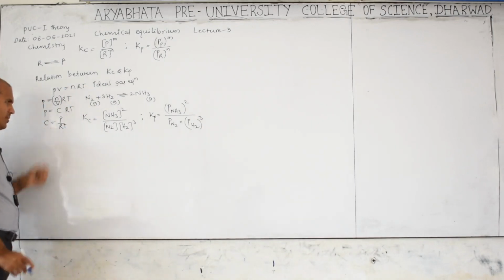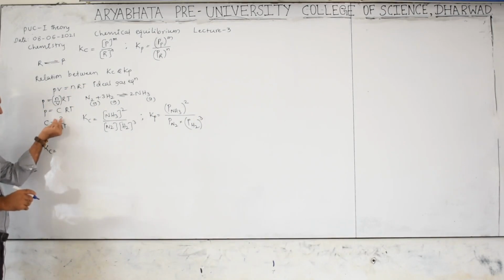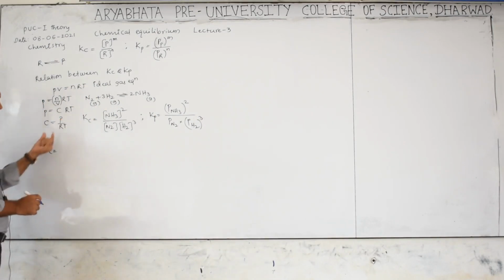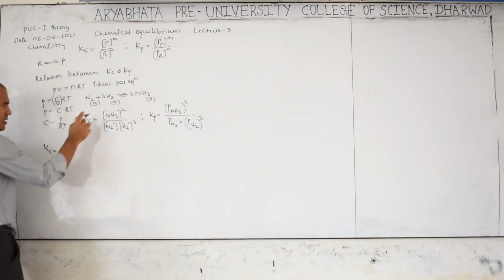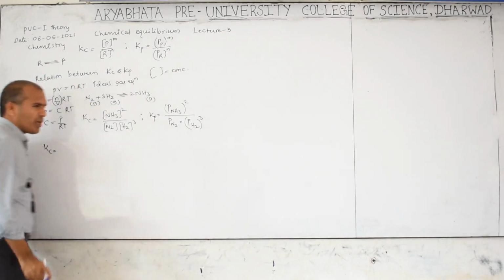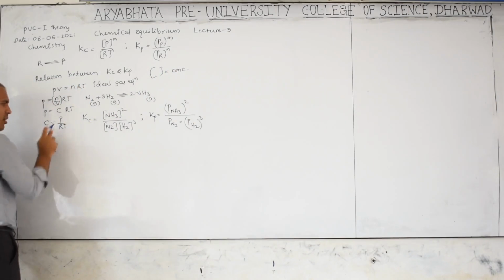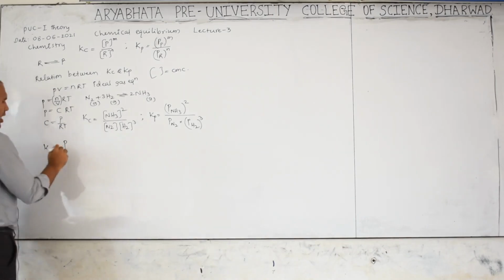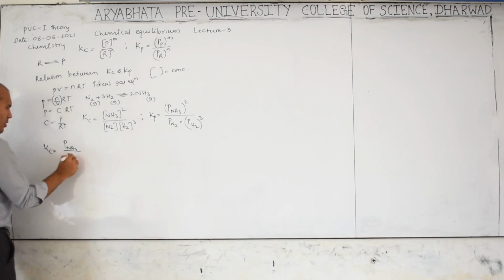Now we know Kc is equal to concentration, meaning partial pressure by RT. The square bracket indicates concentration. So in place of this I want to write P by RT, pressure of NH3 over RT, whole square.